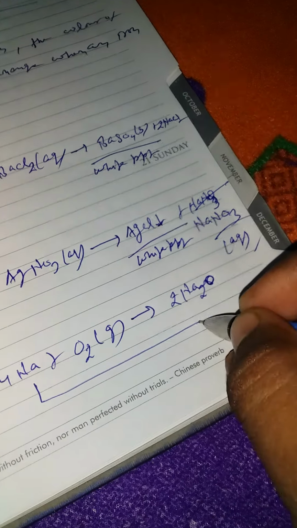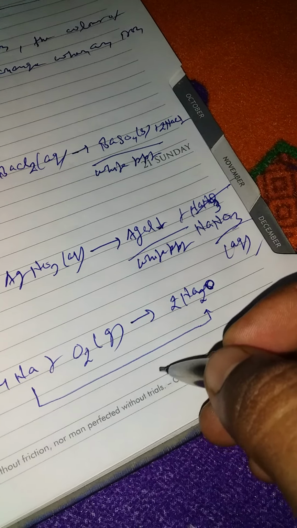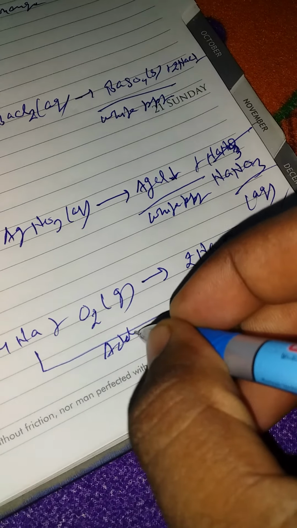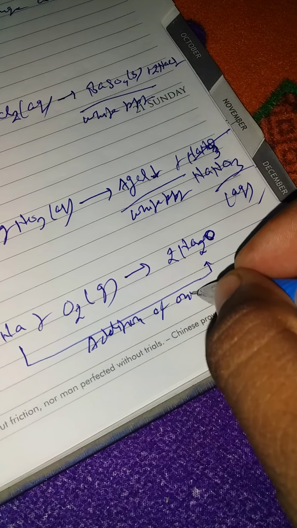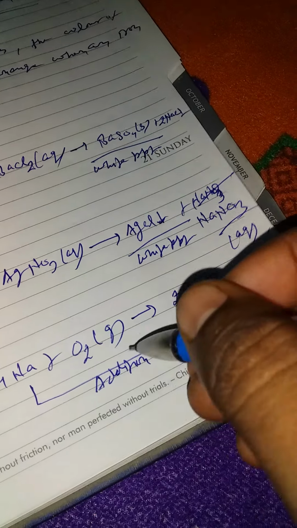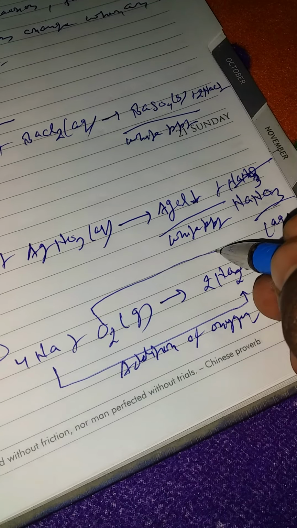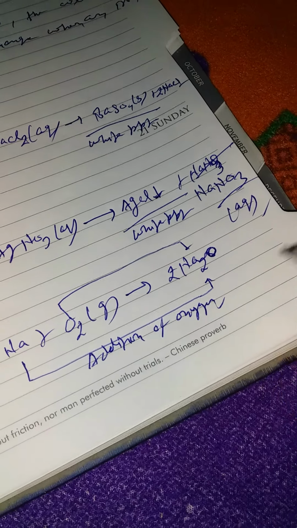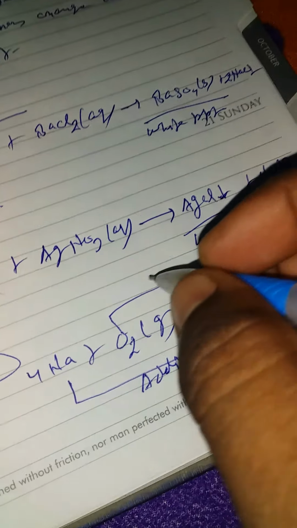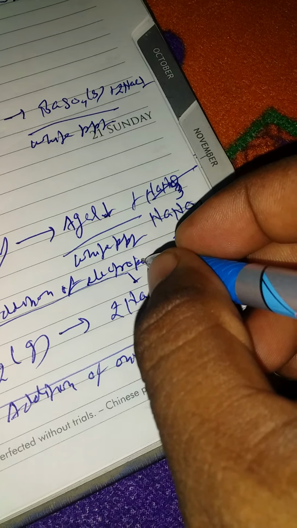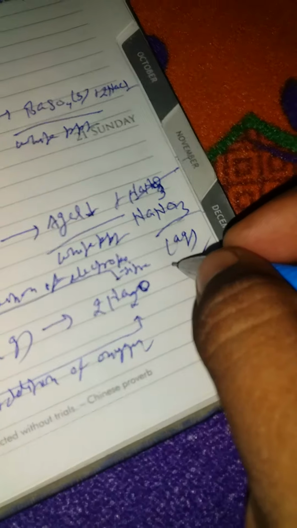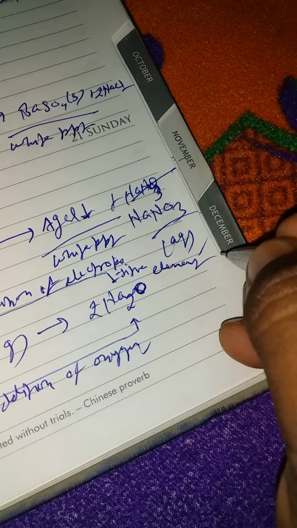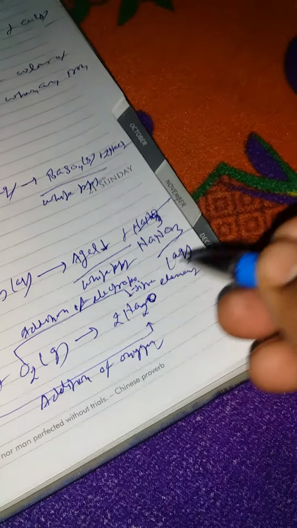Here we see that Na converts into Na2O, that means addition of oxygen, and O2 converts into Na2O, that means addition of an electropositive element, that is sodium.